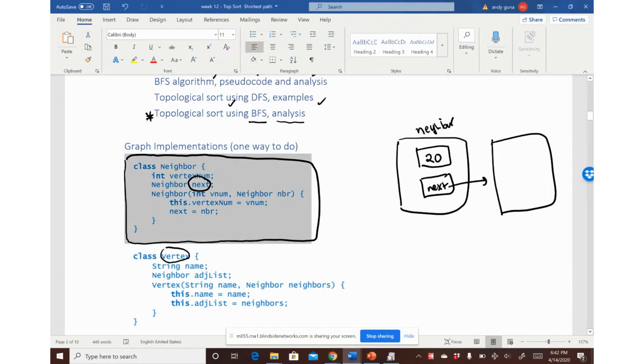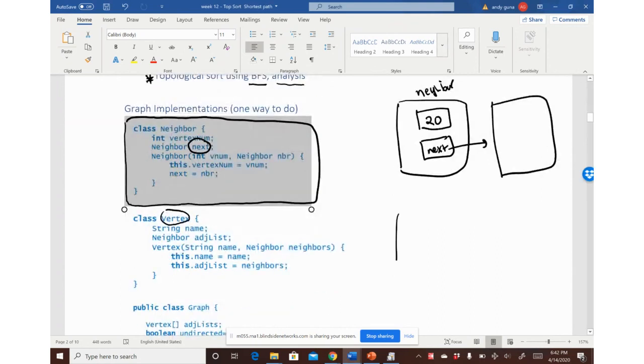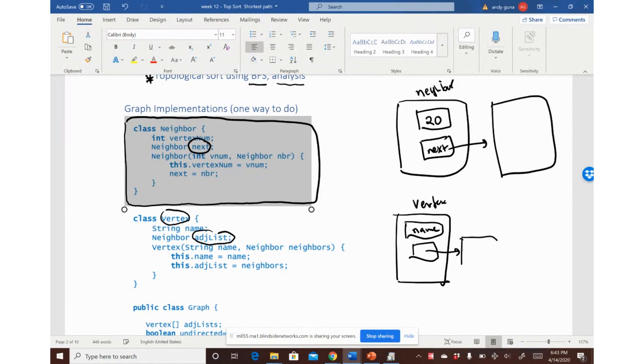Again, there are a lot of different ways to do this, so I'm just showing you one way. A vertex object will have some name, which is a string, and then you'll have an adjacency list, which is a neighbor.